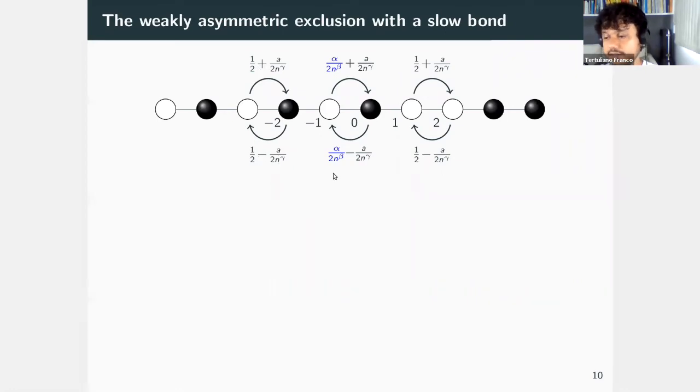So the whole system has a drift to the right. Particles want to go to the right. And you have this special bond, as before, this slow bond, where the rate is not one half plus or minus the drift. It's alpha divided by 2 times n to the beta, plus to the right and minus to the left.